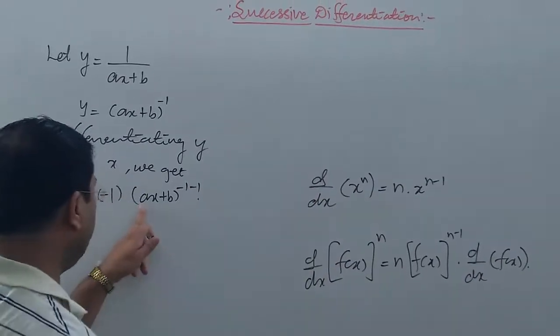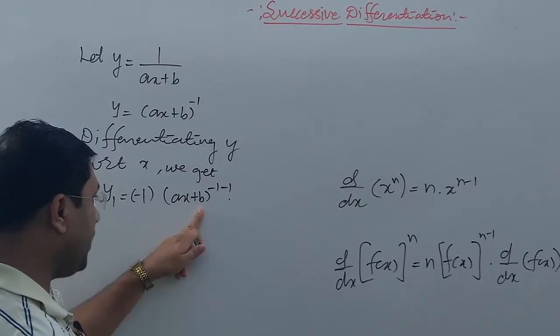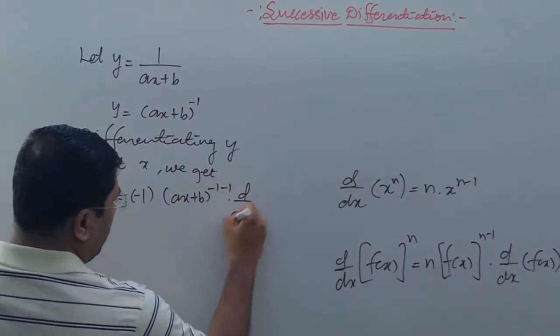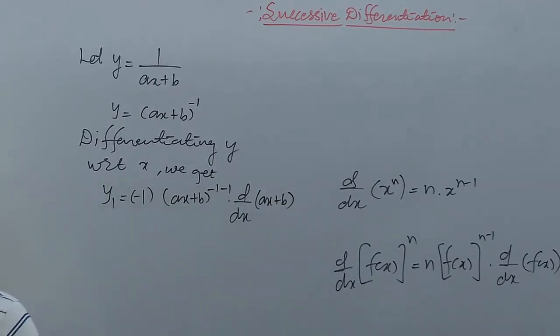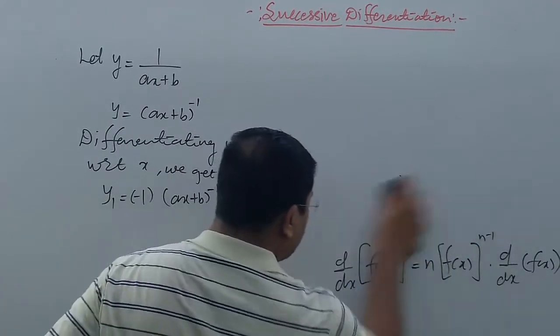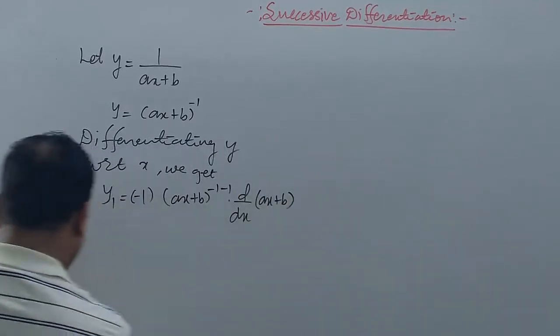Here we have a function of x, so we want to find d by dx of ax plus b. The derivative of this term is going to be a, since the derivative of a constant is 0 and the derivative of ax is a.